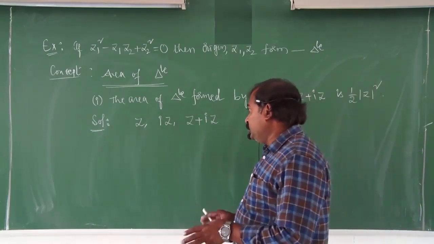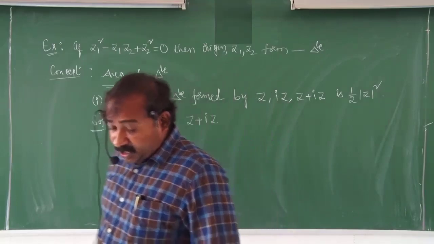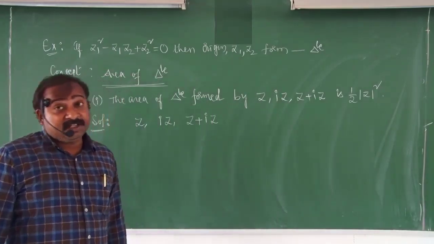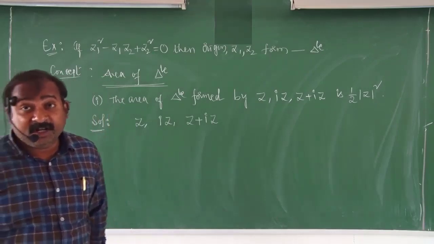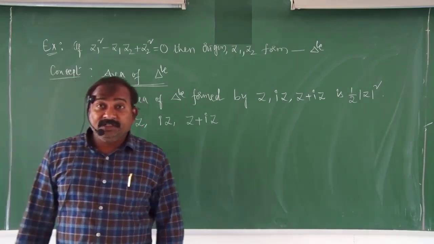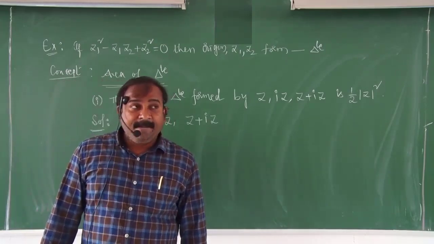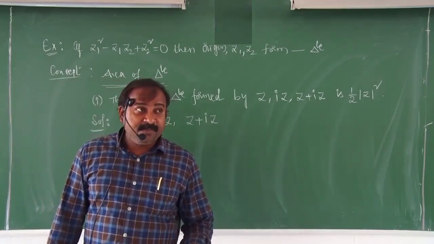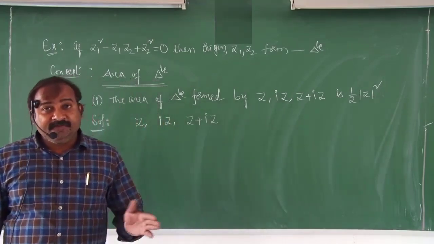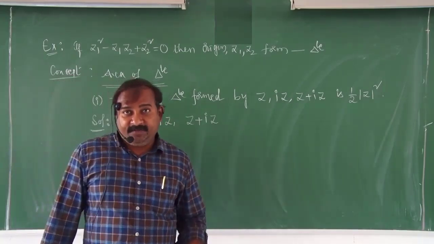Here if you observe, yesterday I gave one concept. What concept did I give? Addition of complex numbers, geometrically. Where is the location of z1 plus z2? If z1 and z2 are given, then where does z1 plus z2 lie?